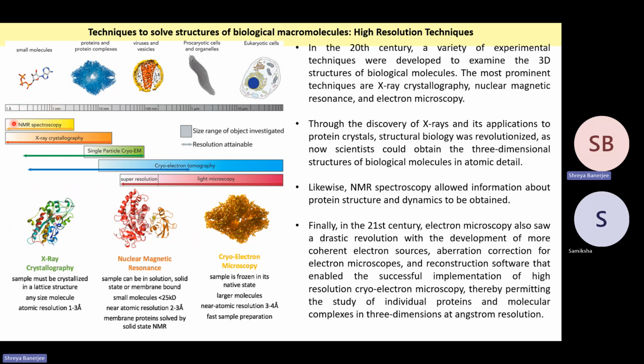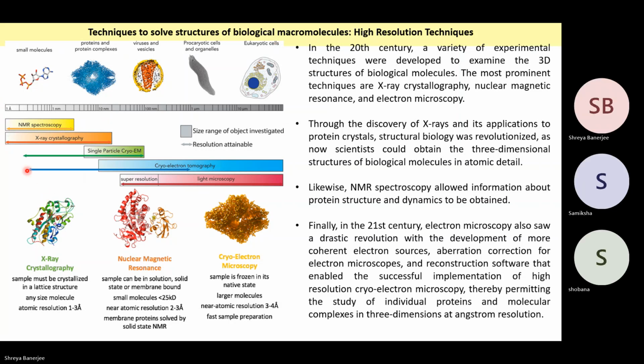Now, NMR spectroscopy can help you identify molecular sizes from 1 angstrom to around 2-3 nanometer. X-ray crystallography has a slightly larger range up to around 10 nanometer.